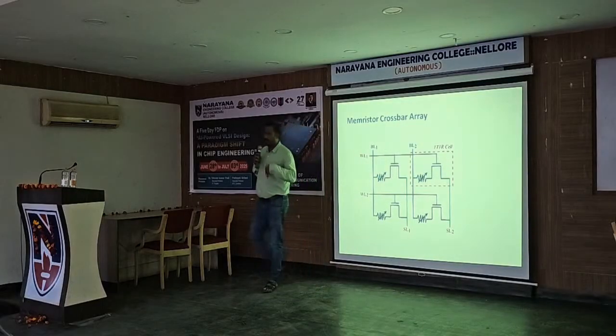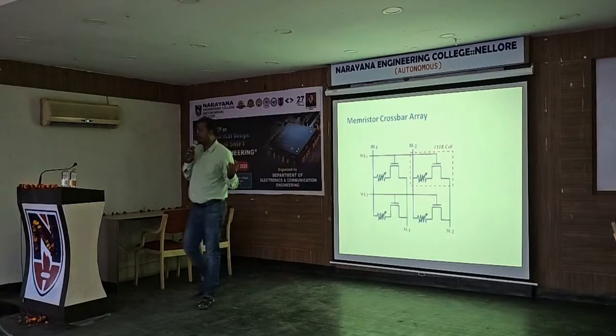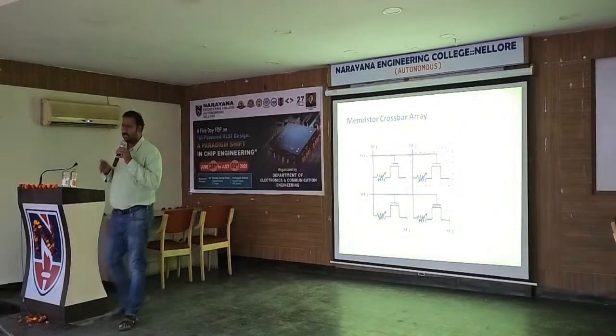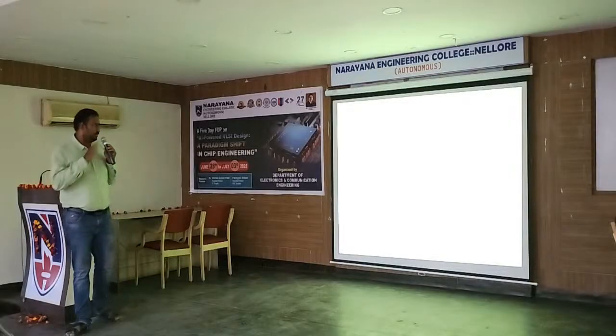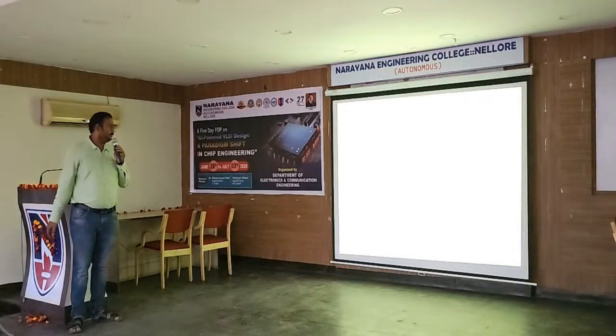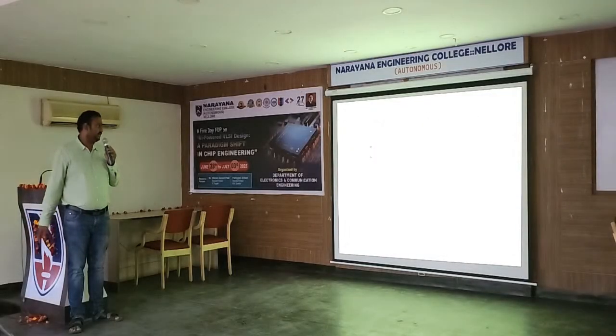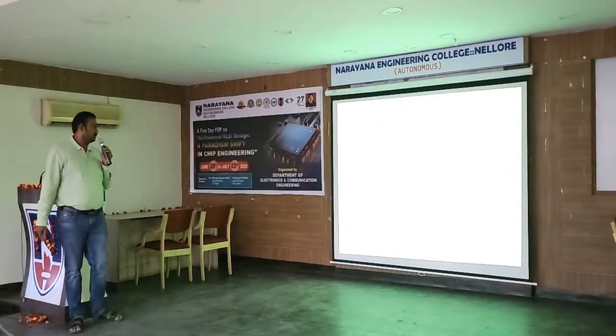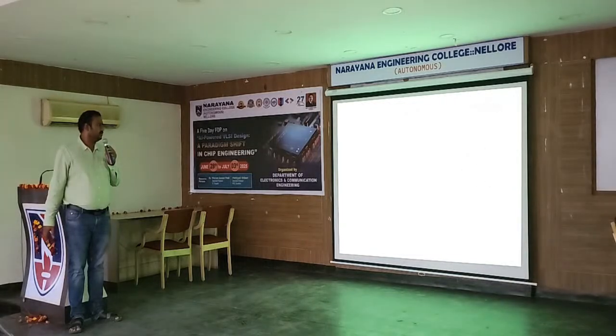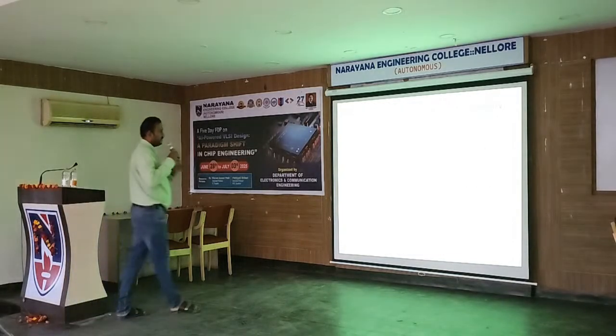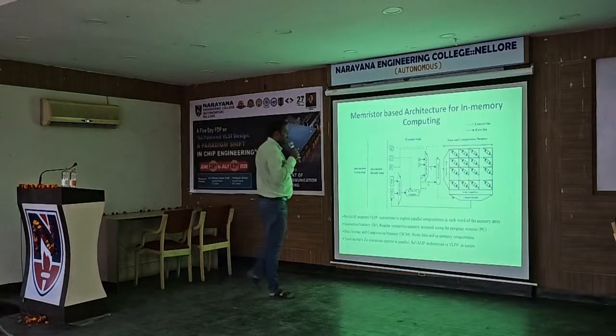So I will load the values. When I load the values, if I read three values together, I will get a majority data. So this is a 1T1R, that's about that.